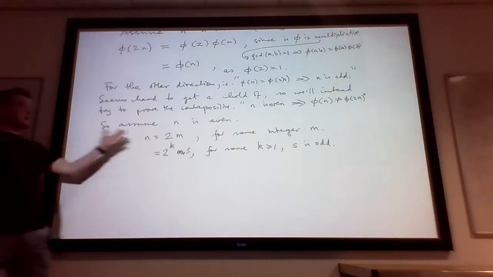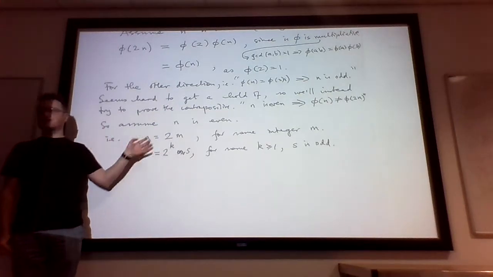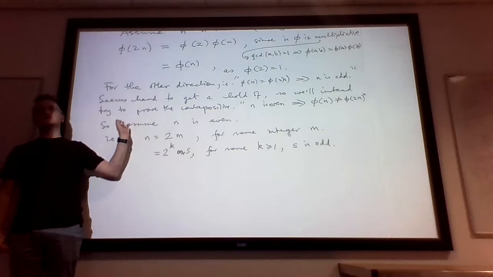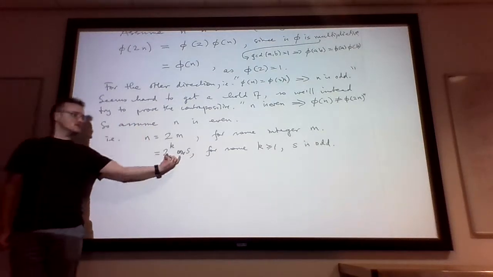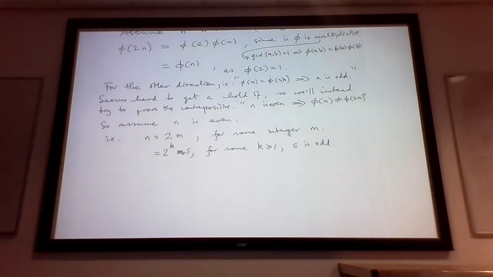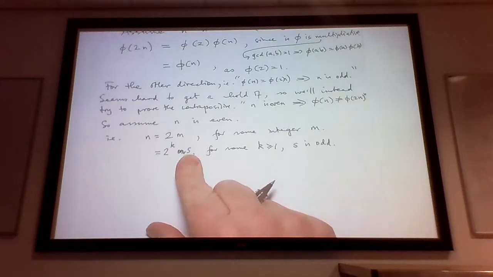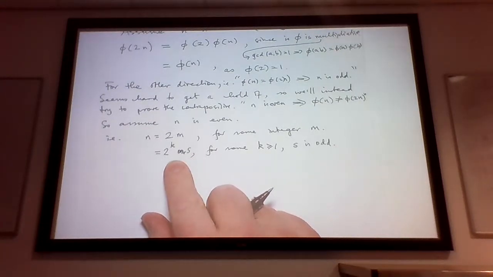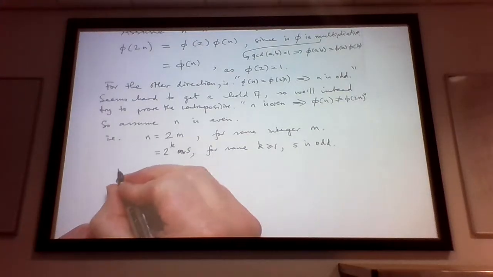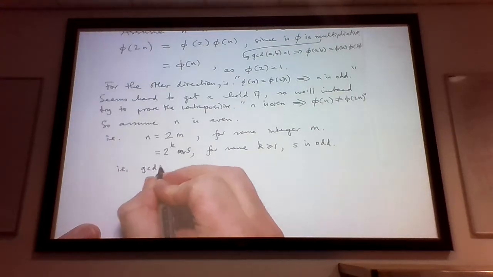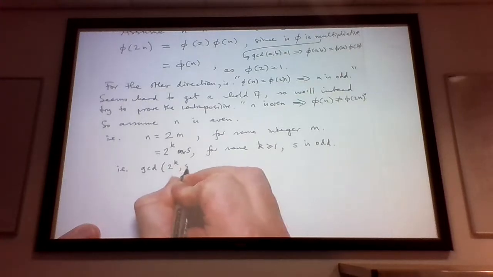An even number is divisible by 2, but it might be divisible by 4 or 8 or 16 or 32 or 64, 128, etc. So take all the 2's out of it, and what's left behind is odd. And now we're looking at a product of co-prime numbers, 2 to the k and s. The GCD of 2 to the k and s is 1.